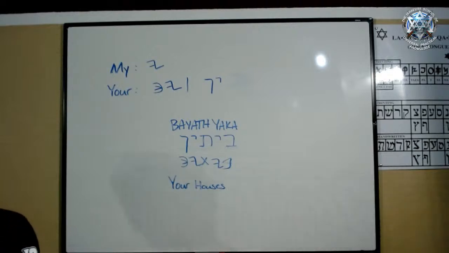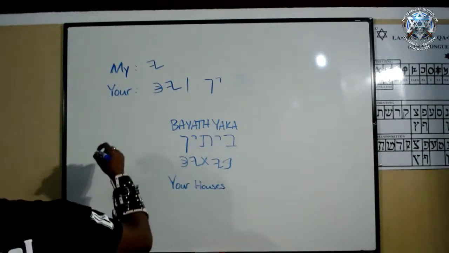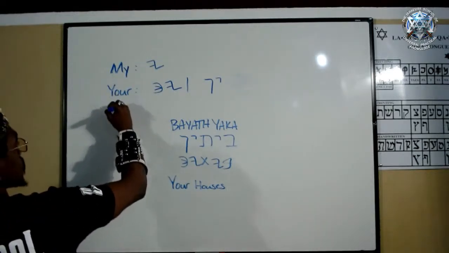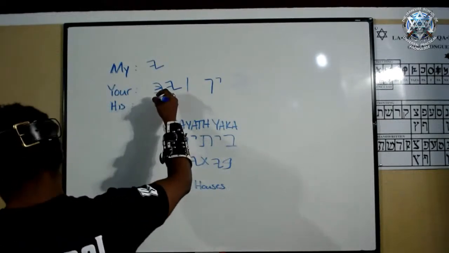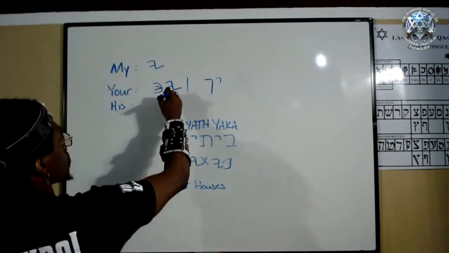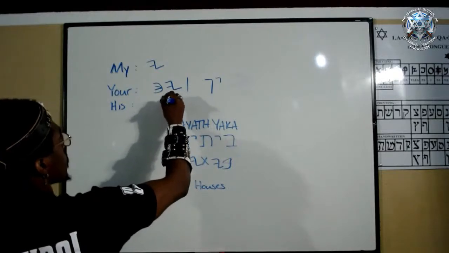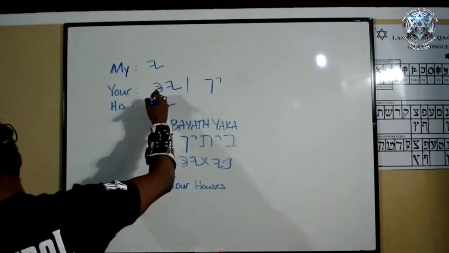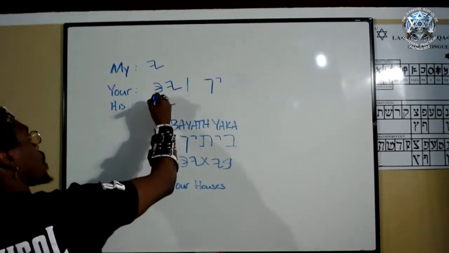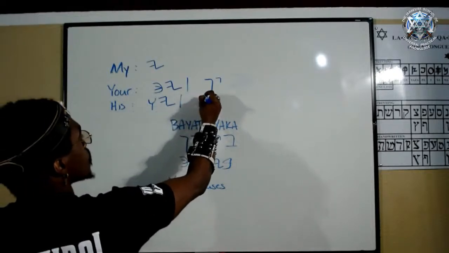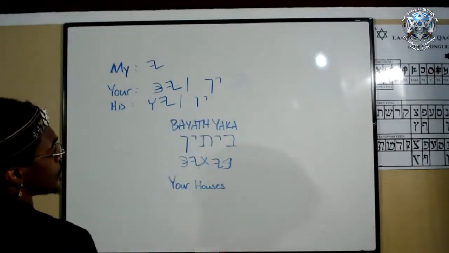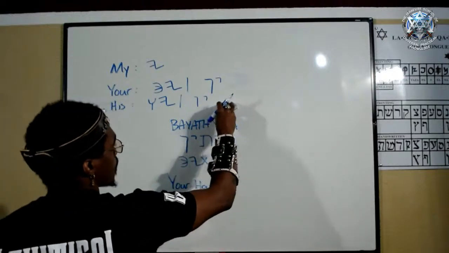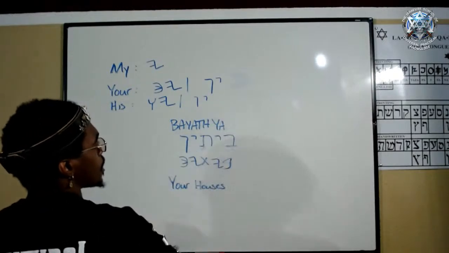Ba ya ka. Let's say I want to say his houses. Same concept, but we switch the ka for a wa. So now instead of ba ya ka, it becomes ba ya wa.